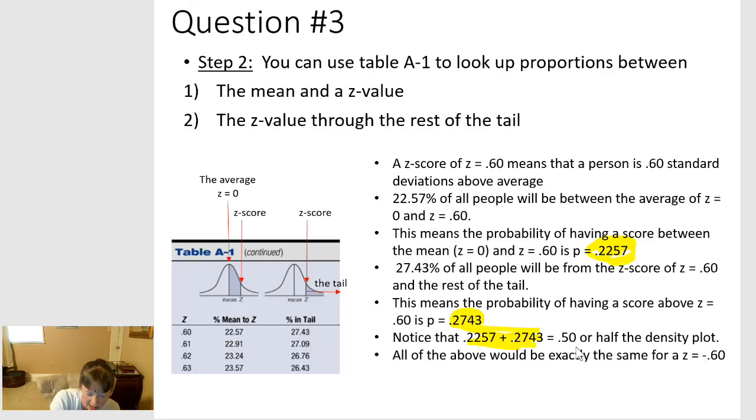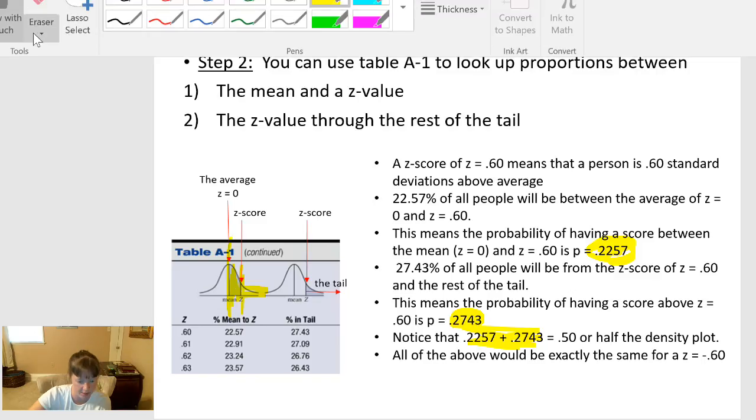It's saying, okay, the average is at 0, and from the average to that z-score of 0.6 is 22.57, and then from 0.6 and the rest of it is 27.43. So that's going to be 1/2 of the graph, because remember, normal distributions are symmetric, which brings me to something else that's important.